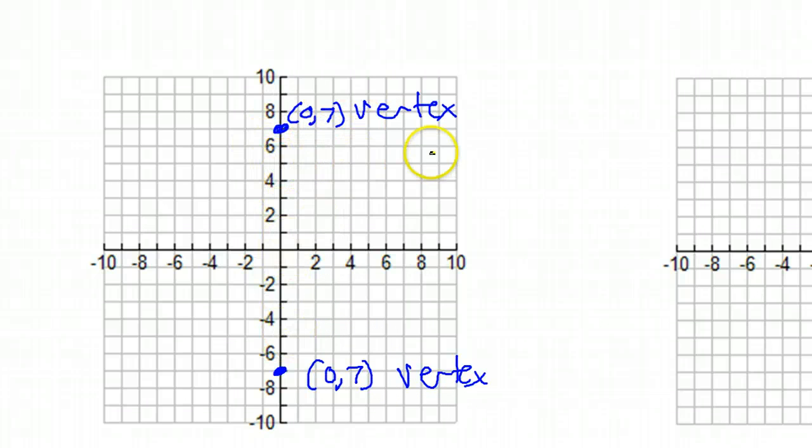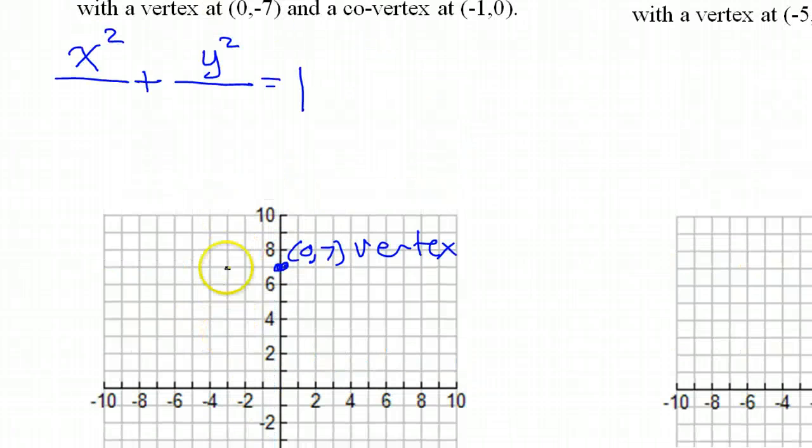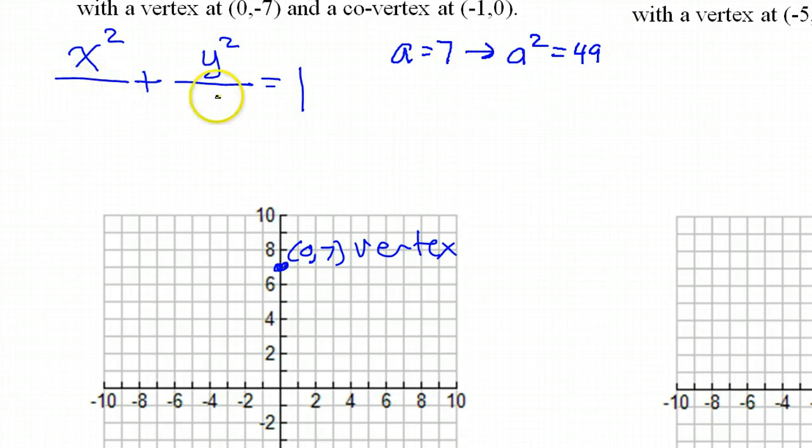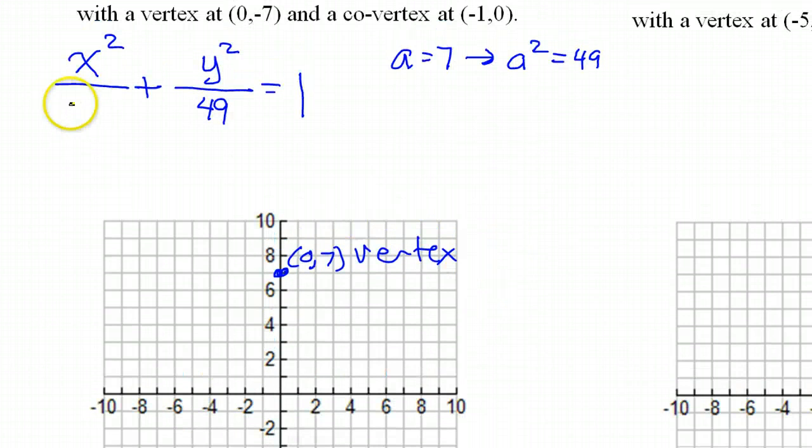So this is telling me that a is 7. So we're kind of working backwards, right? So a is 7, which implies that a squared is 49. So that means one of these numbers is 49. Notice that this is in the y direction. The 7 is a y value. So this 49 is going to go under the y.